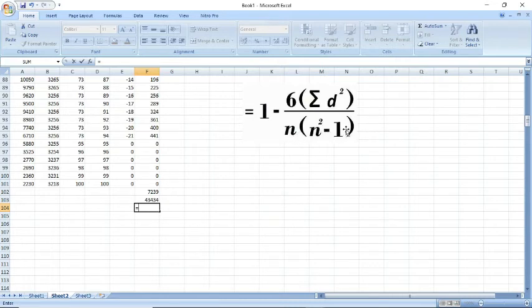So this means 100 multiplied by 100 by 100 minus 100. The n here is 100, so this becomes 100 cubed minus 100.